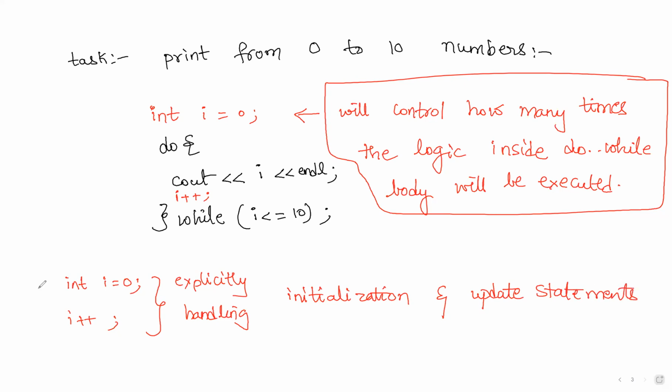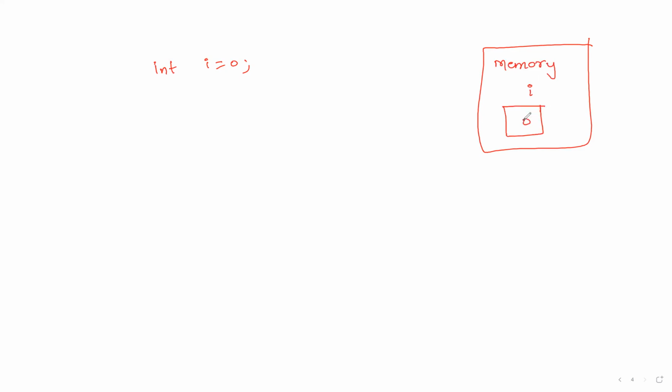The way this code logic works is: int I is 0. The moment we say that, inside the computer's memory, a variable I will be created with the value 0. Then we have the do keyword with the do while loop body, opening curly brace.